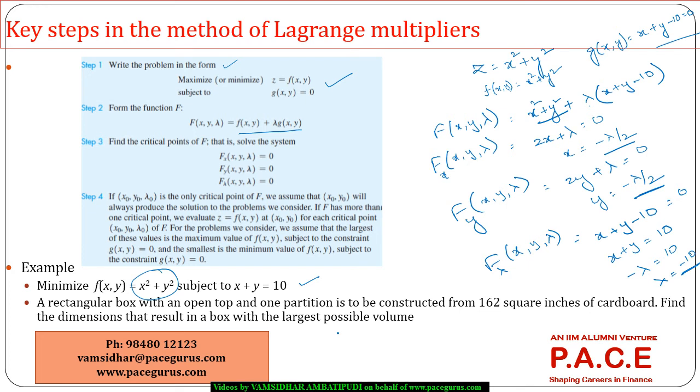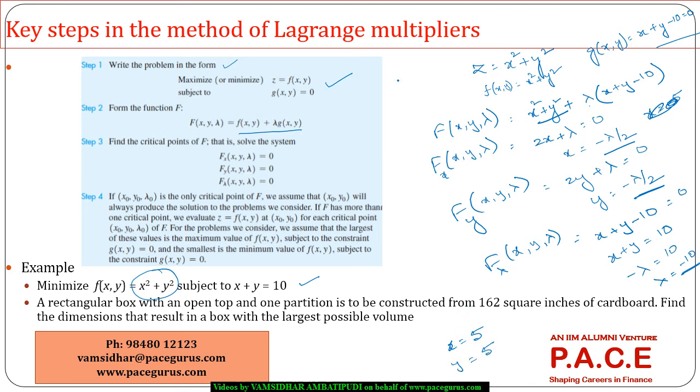From here I can get x equal to minus lambda by 2, minus of minus 10 by 2, so 10 by 2, which is 5. So from here I am getting x equal to 5 and y equal to 5.